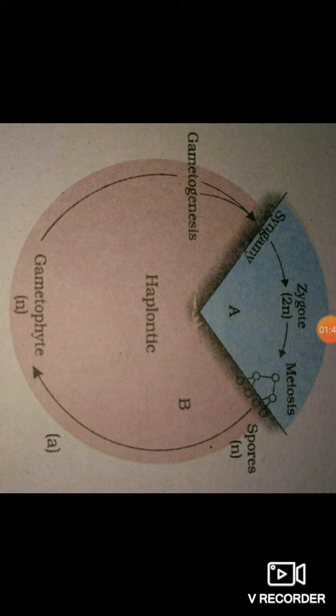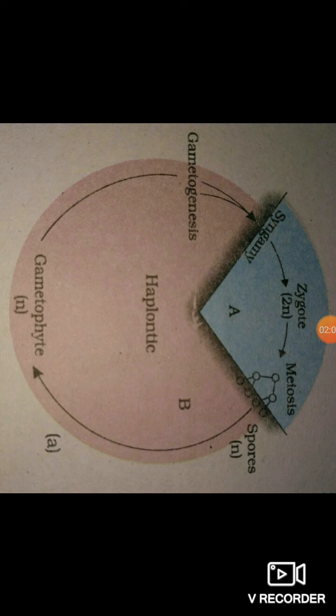And second, the diploid 2N plant body that develops from the zygote is called sporophyte. It produces haploid spores by meiosis. The haploid spore forms a haploid plant body, that is a gametophyte, once again.